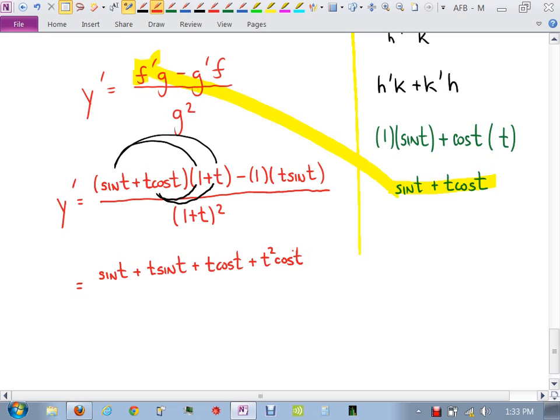What am I missing? Minus the t sine t. So that's that last term up there in the numerator, right? All over this junk squared. And all of that expanding just helped me cancel that one thing right there. So your answer would be everything that's left on top over everything on the bottom.